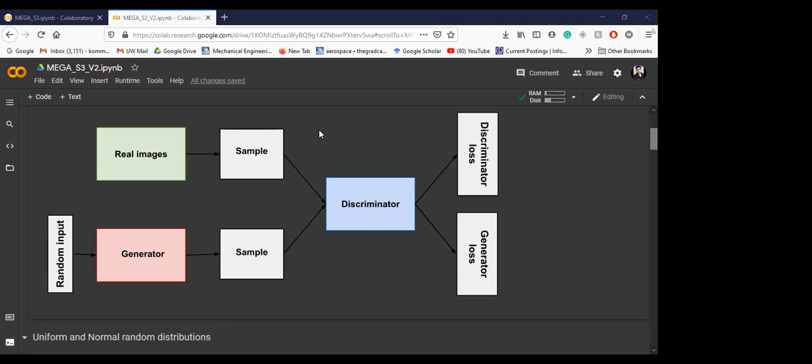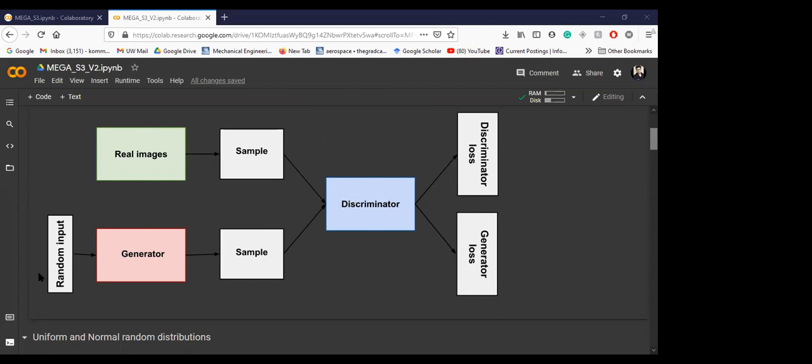Okay, so our real images is basically points which are taken from a normal distribution, and we want our generator to basically produce points which belong to a normal distribution, and we want the discriminator to distinguish between the points generated from the real images and the generator.